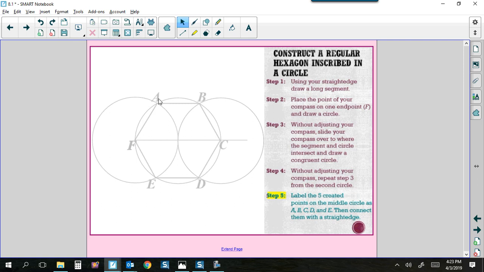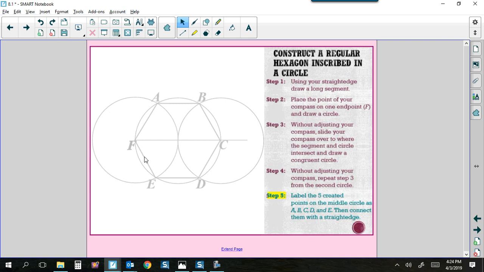If you look right here, my left circle and my middle circle are intersecting, creating a point, so we're going to name that A. My middle circle and right circle intersect right here. I'm going to name it B. The center of the right circle is on my middle circle. I'm naming that C. Then again, down here at the bottom are where the 3 circles are intersecting, so D and E, and then point F again was where we started.